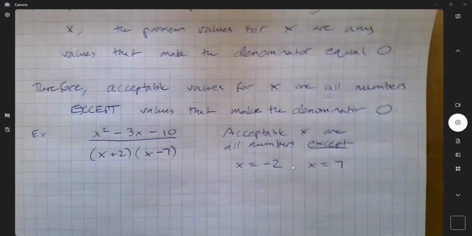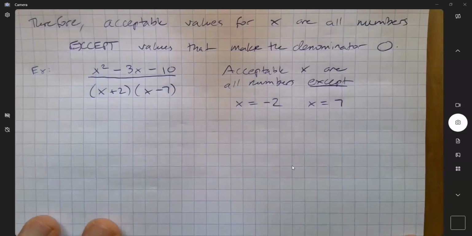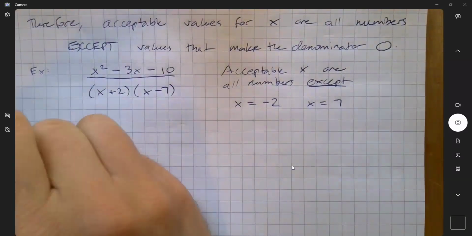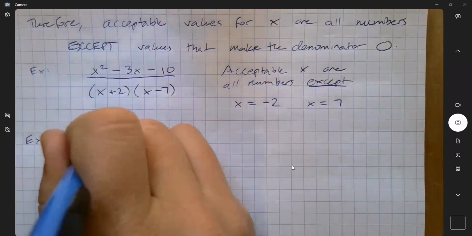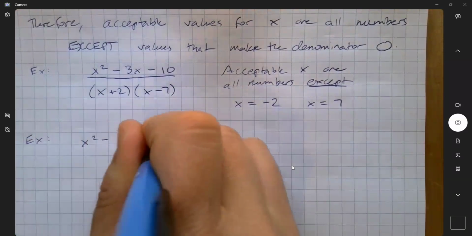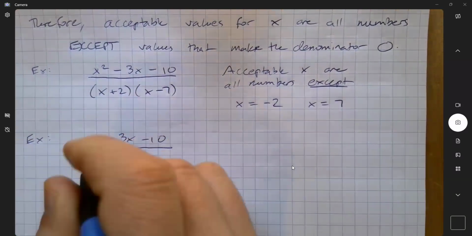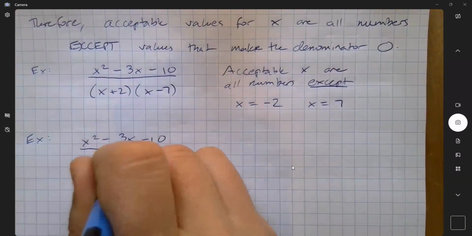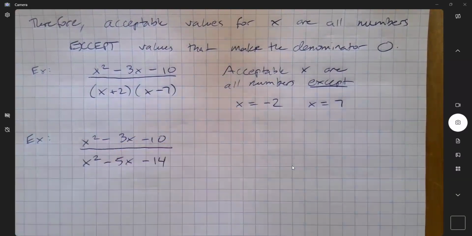Let's do another example. x squared minus 3x minus 10, all divided by x squared minus 5x minus 14.